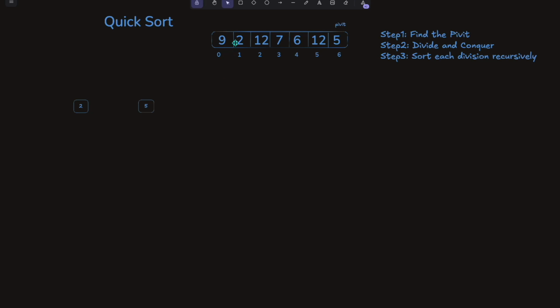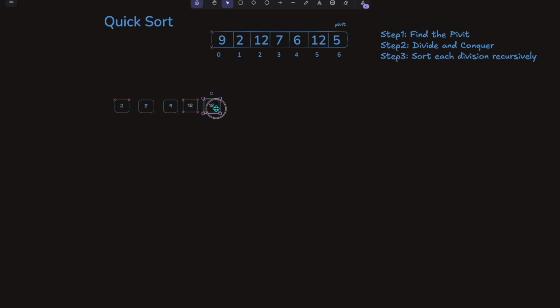And how many numbers are there which are lesser than 5? There is only one element which is lesser than 5. That will come on the left side, and all the remaining elements which are greater than 5 should come on the right side. So here you can see, 9 will come here. We will copy paste this, put it here. 12 is also greater than 5.